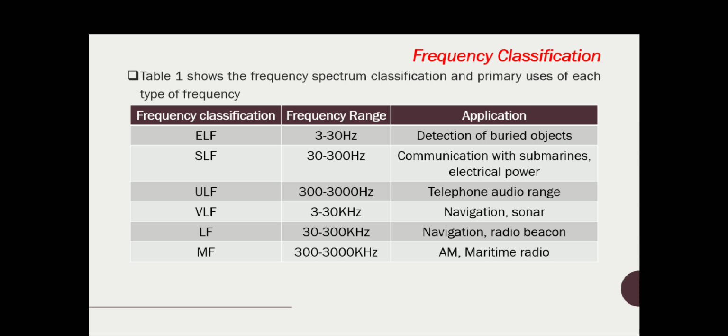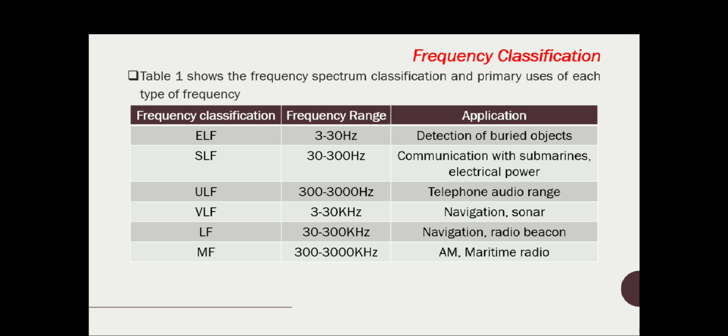That is the frequency range from 3 to 30 Hz. The applications are the detection of buried objects. Then SLF is super low frequency, that is between 30 to 300 Hz. Applications are communication with the submarines, electrical power.